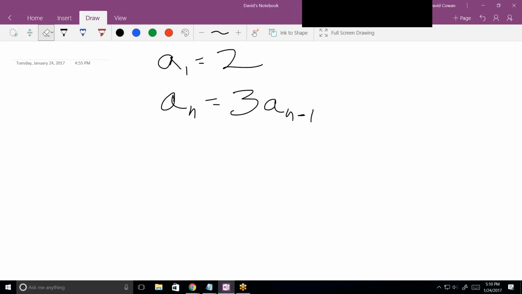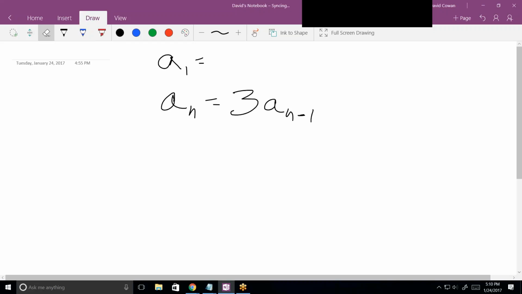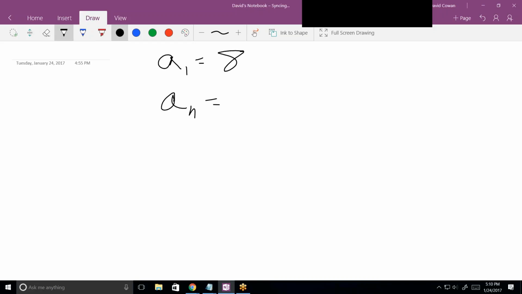A sub 1 equals 8, and then A sub n equals 1.5 A sub n minus 1. What's the coefficient in front of it? What's A sub n equal to? 1.5 A sub n minus 1. It's the first term of the sequence, 8.